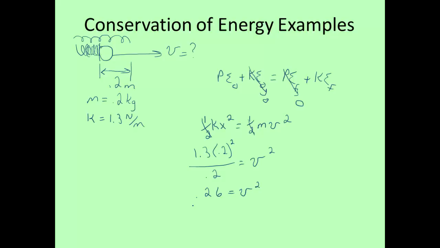That's equal to v squared, which means that v is equal to 0.51. So the speed of the ball after it comes off of the spring in the pinball machine is approximately 1/2 meter per second.